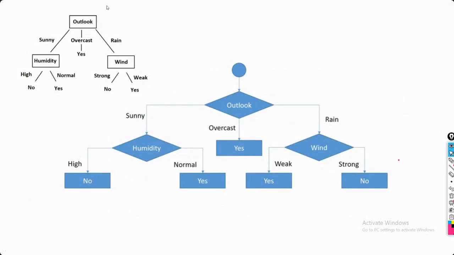For the same data set, you can have a different division. It's totally going to depend upon your data set. Although we have used different measures, with both of the measures we are getting the same result. This could also be a case whenever we are working with a decision tree.